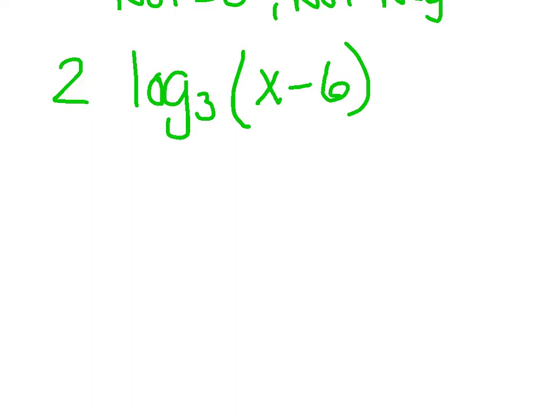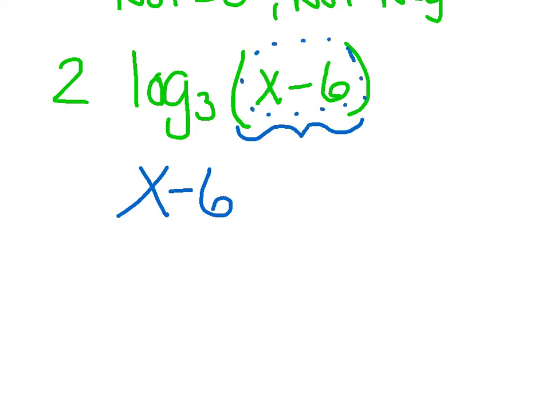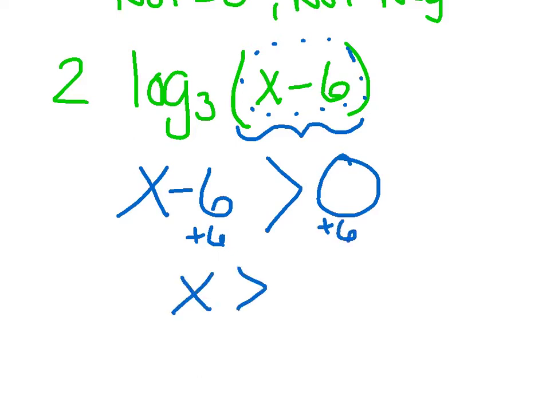But you should be able to take whatever's in here and say to yourself, write it on paper, that the junk I'm taking the log of can't be 0 and it can't be negative, so it has to be greater than 0. Then just solve for x. Add the 6 over, so x has to be greater than 6. And that's your domain: just what can the x values be?